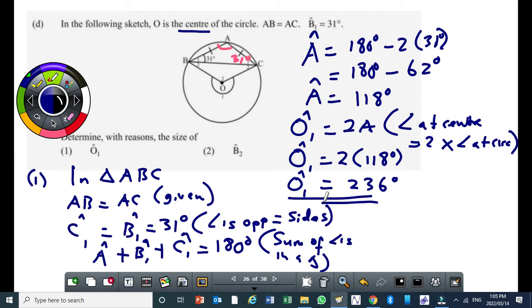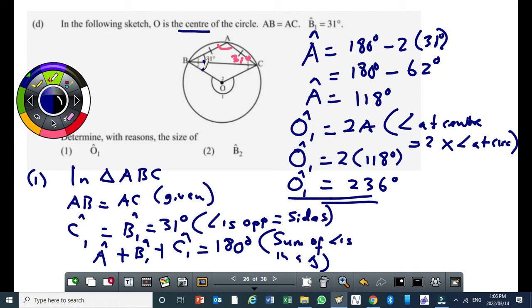Alright, then B2, this angle here. To calculate B2, you should be aware that OB is a radius, OC is a radius, which means triangle BOC is isosceles, but we don't give our reason as isosceles triangle.